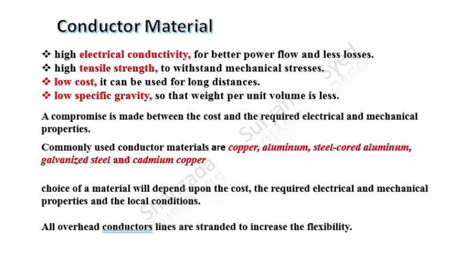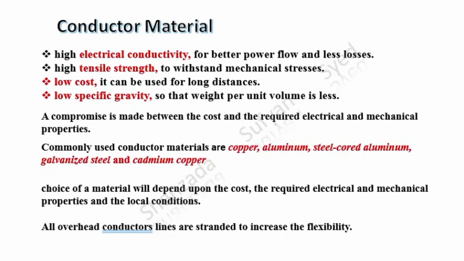Remember, a compromise is always made between the cost and the required electrical and mechanical properties, which means that if you want to transmit high power, then you must make sure that the conductor has all these properties. And if a conductor has all these properties and its cost is very high, then you have to compromise on the cost.